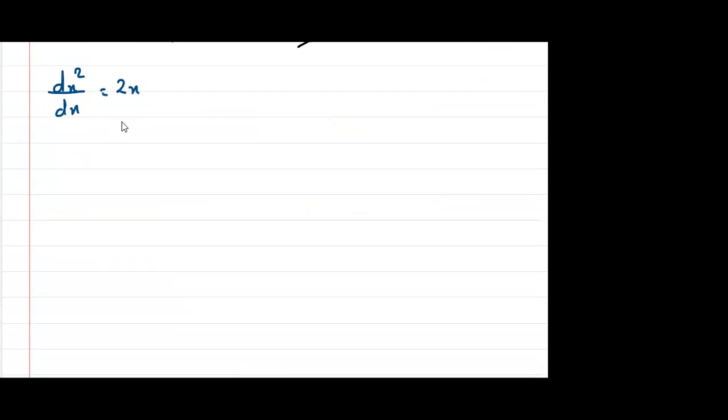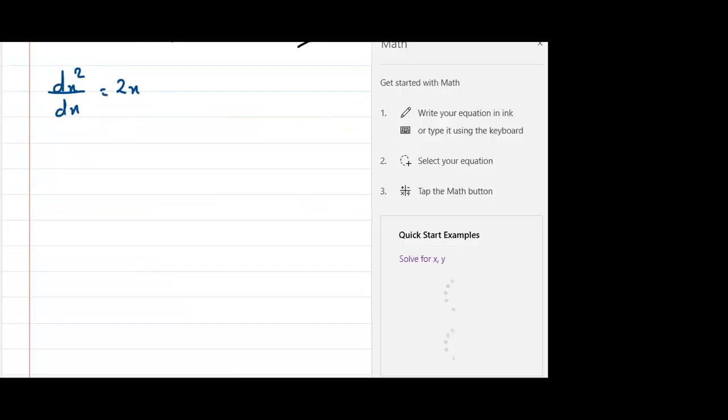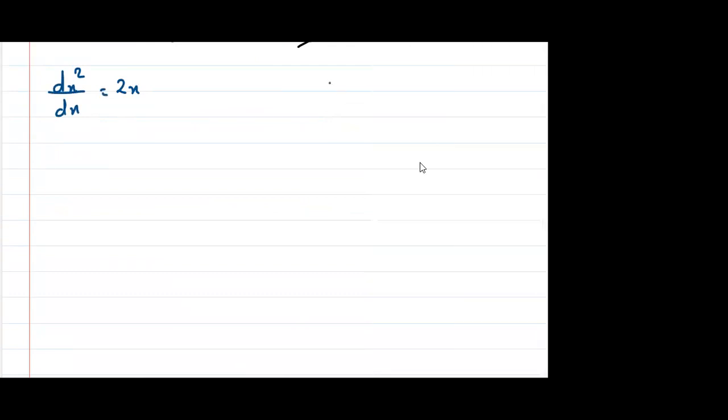Let us use our brain. d(x cube) by dx is equal to 3x squared. So what do you think d(x to the power 4) by dx should be? 4x cube.